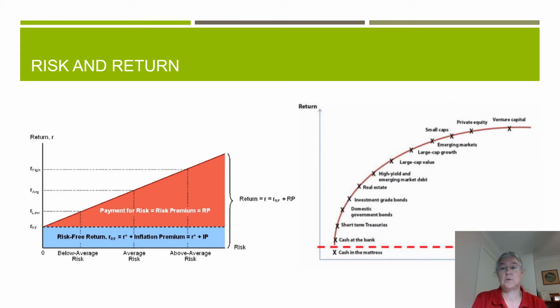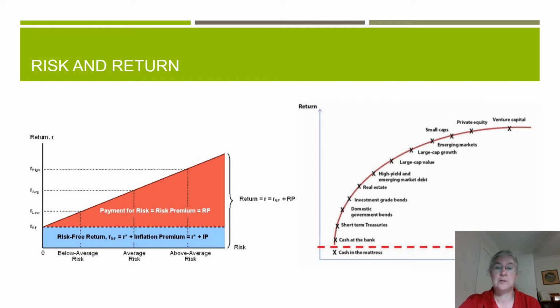This is also a risk and return graph, and it's got our different types of assets on the graph. So we can see cash in the mattress, well, that's even below the bottom. There is no return for that. Cash in the bank, well, that will give us a tiny little bit of interest, so that's on the bottom for the return. Very low risk. Then we're moving up to short-term treasuries and domestic government bonds.